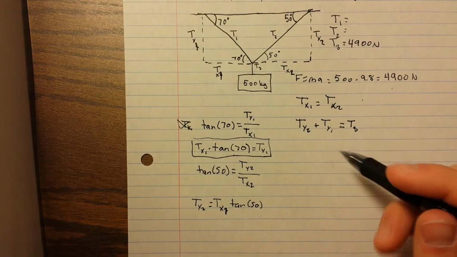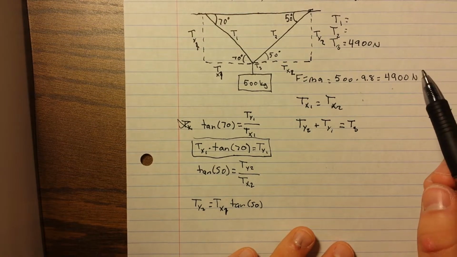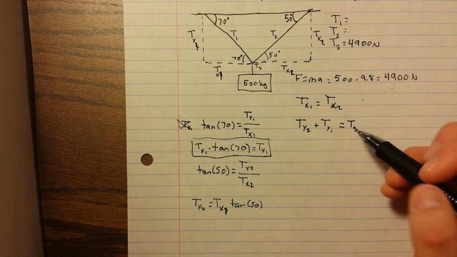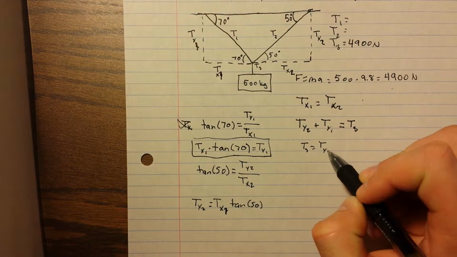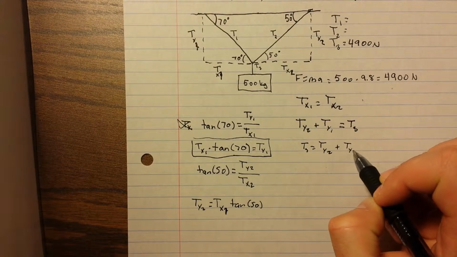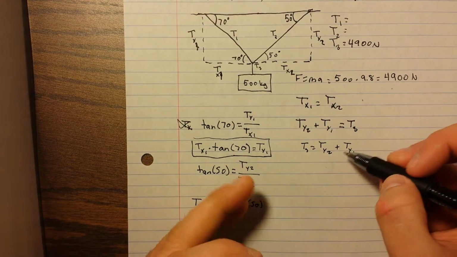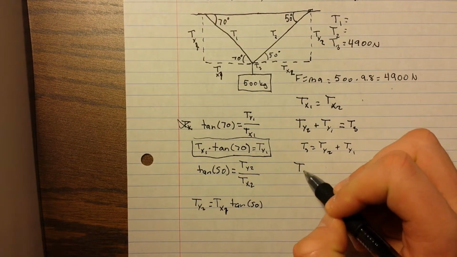So let's go back up here. Actually, did I not write that down? Oh yeah, no I didn't. So we know that T3 equals TY2 plus TY1, right? Well, now we know TY2 and TY1. So let's substitute those in there.